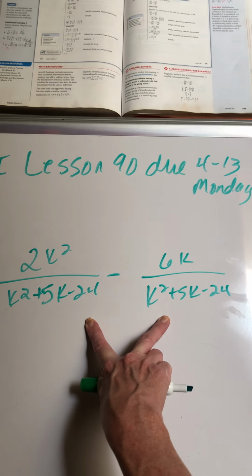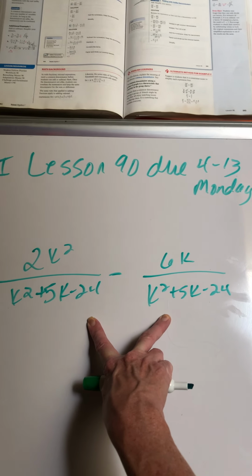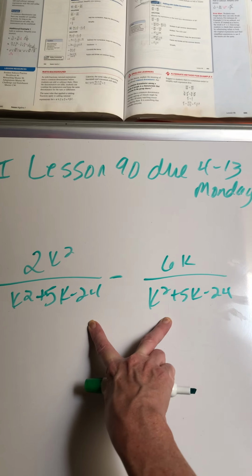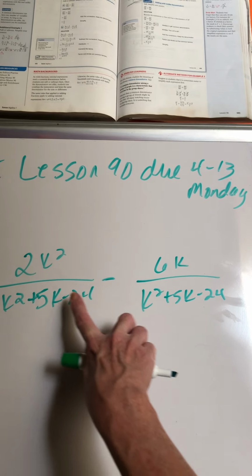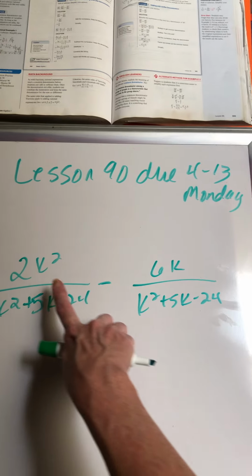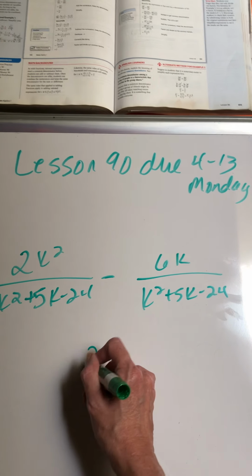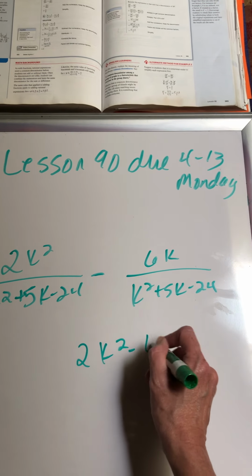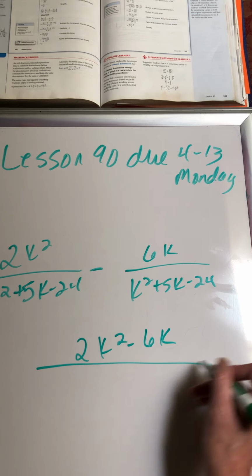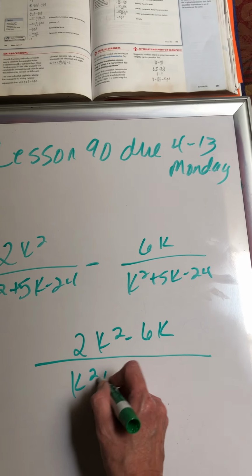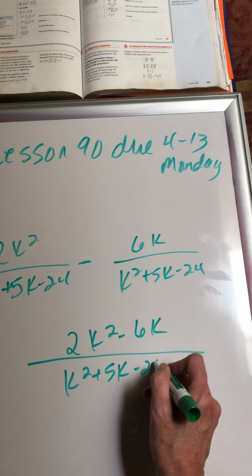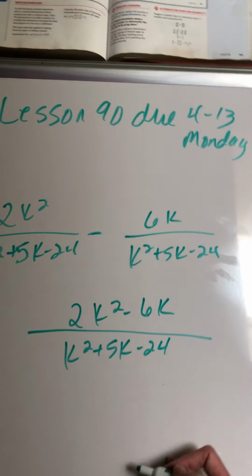They're both k squared plus 5k minus 24. So since they are the same, we're going to deal with the numerators, which the only thing we can do with the numerators is write down 2k squared minus 6k because they're not like terms.